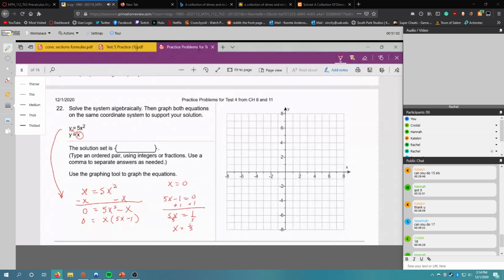So if I plug x equals 0 right here, I get y equals 0. So one of my answers is (0, 0). Then if I plug in 1/5 for x here, I get y equals 1/5. So my other answer is (1/5, 1/5).